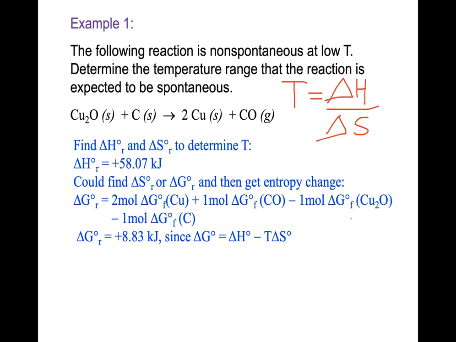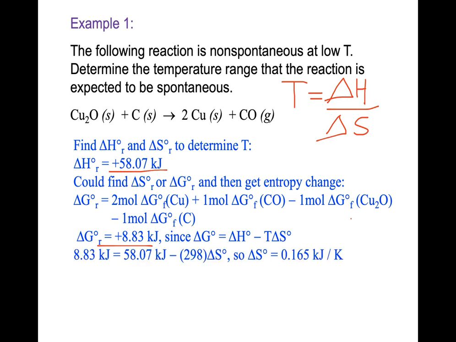So now we have delta G and we have a value for delta H. Since delta G equals delta H minus T delta S, we can substitute those values in. 8.83 kilojoules is 58.07 kilojoules minus the temperature, in this case room temperature, 298, times delta S. So at room temperature, delta S is 0.165 kilojoules per Kelvin.